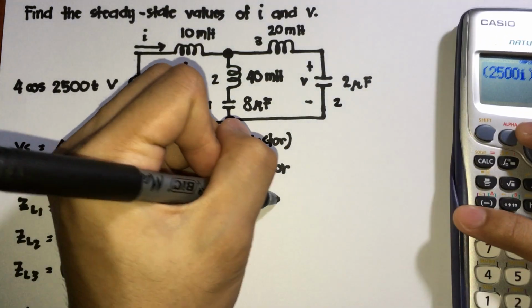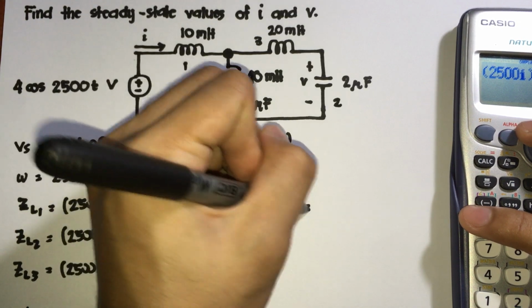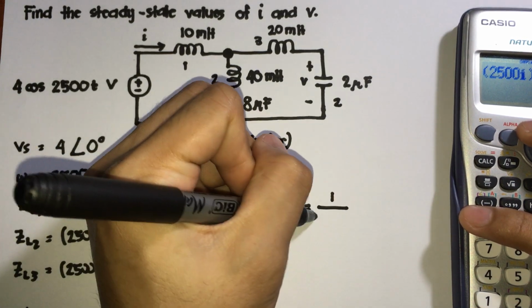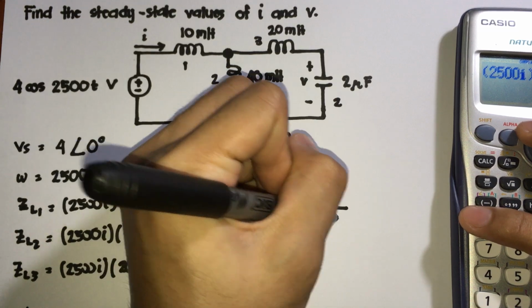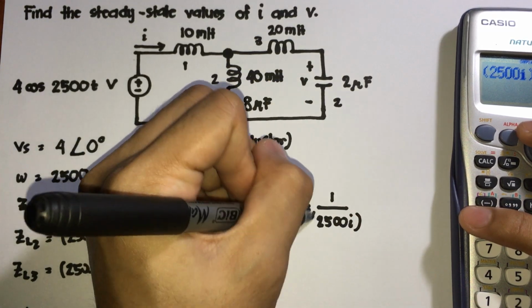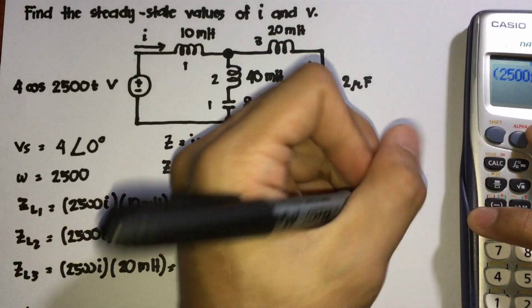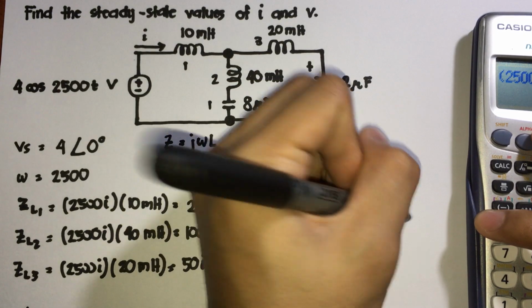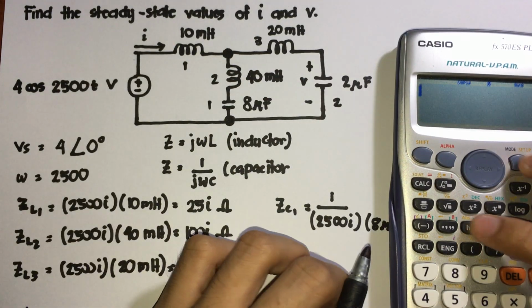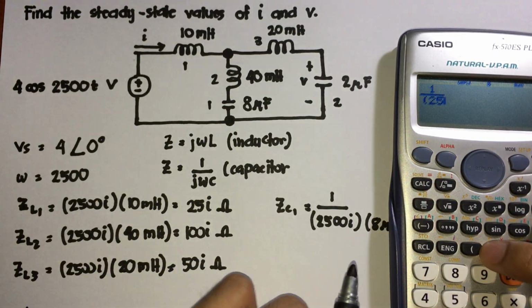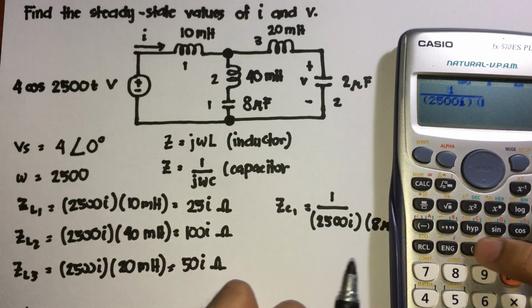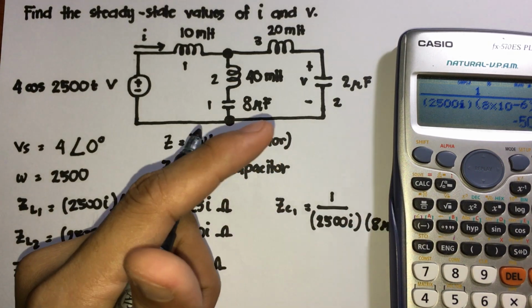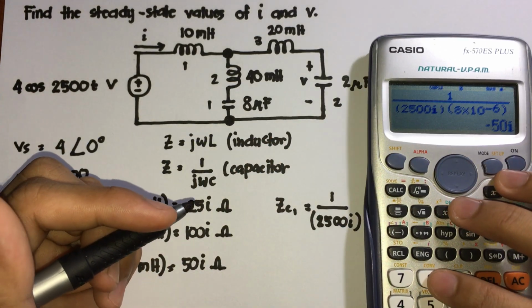For ZC1, we use this equation, 1 over 2500I times the capacitor, 8 microfarad. So 1 over 2500I times 8 times 10 to the power of negative 6. We have negative 50I.